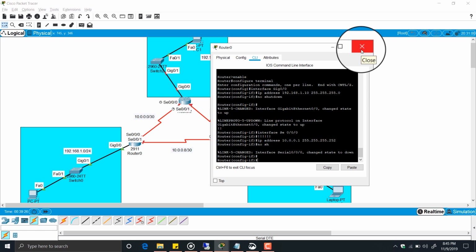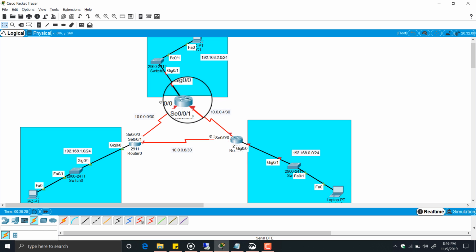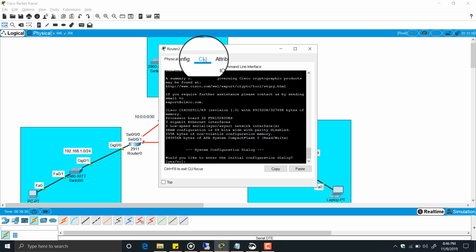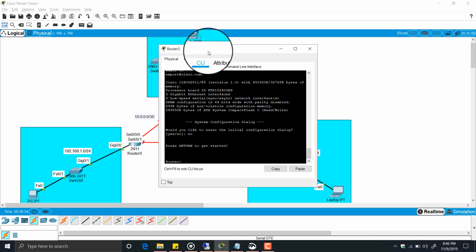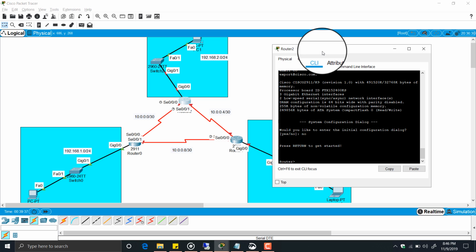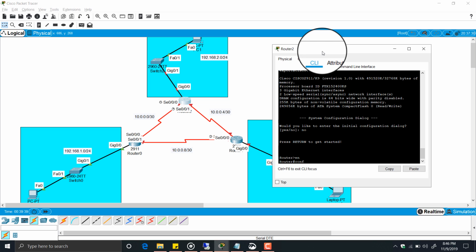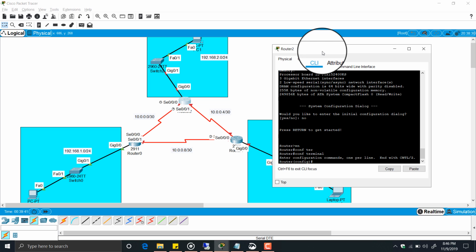We are going to do something very similar on this router. We're not configuring any routing yet. We are just configuring IP addresses. So enable, configure terminal, right? Okay, so now entering gigabit 0/0. We can see here that that's the interface which is connected.